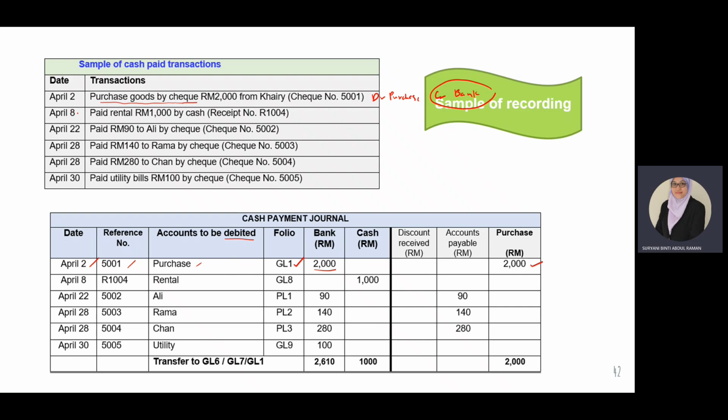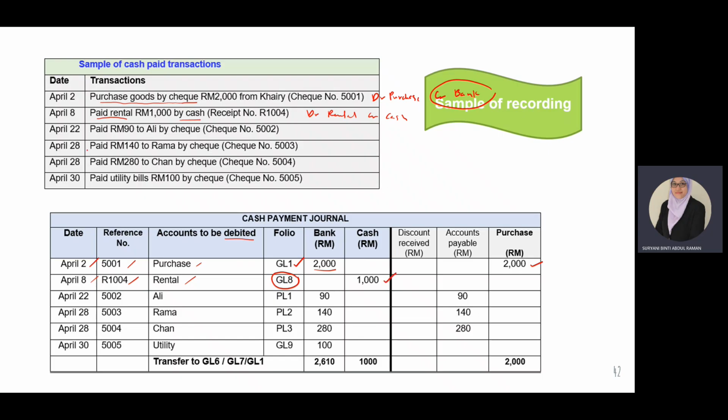On 8th of April, you pay rental by cash. Again, record the date, the reference number, and the accounts to be debited, because when you pay rental, you debit the rental account and credit cash. Rental is a new account under GL, so please continue the code of reference to GL8 and record in the cash column.